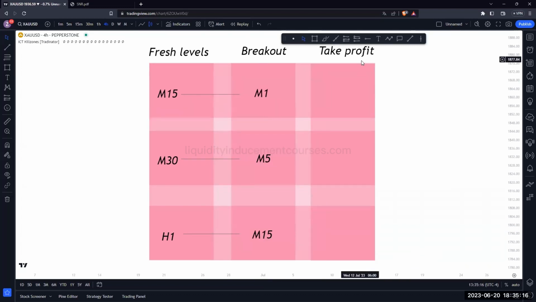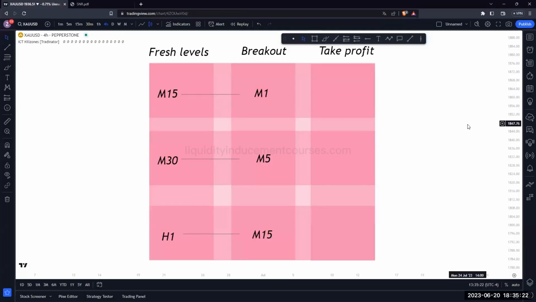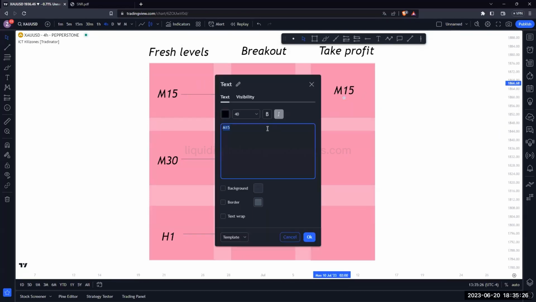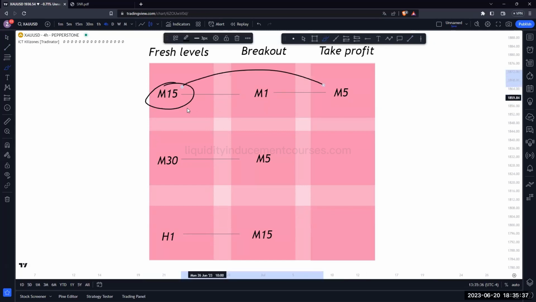So basically it's a 2 time frames lower breakout, but the take profit is 1 time frame lower. So M15, M5. Got that, guys? M15, 1 time frame lower, 2 time frames lower.